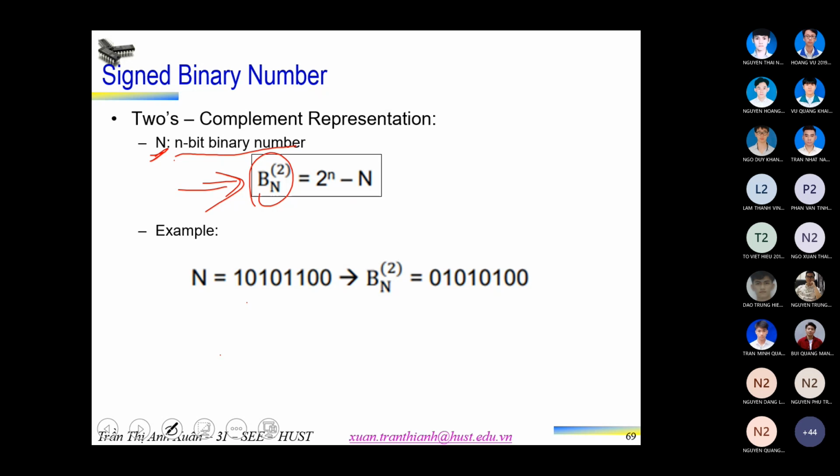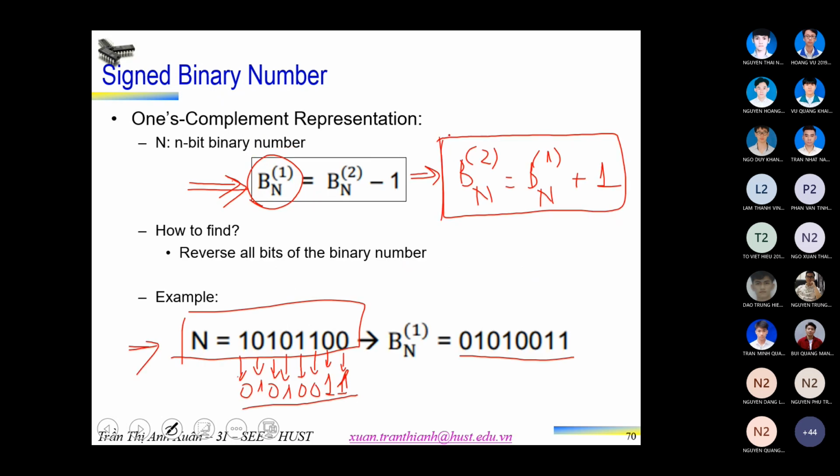The first rule is to use this formula. That means the first step is to find the one's complement representation, then we add 1 to the one's complement value to get the two's complement representation.